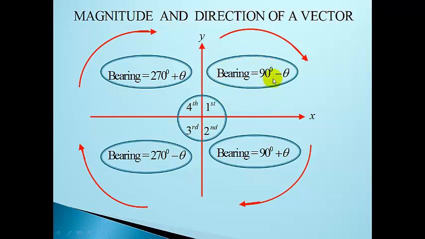However, if you fall in the second quadrant, then the bearing equals 90 degrees plus theta. If you fall in the third quadrant, bearing is equal to 270 degrees minus theta. And when you fall in the fourth quadrant, bearing equals 270 degrees plus theta. So these are the rules used in calculating for bearings in all the 4 quadrants. Take note of this.